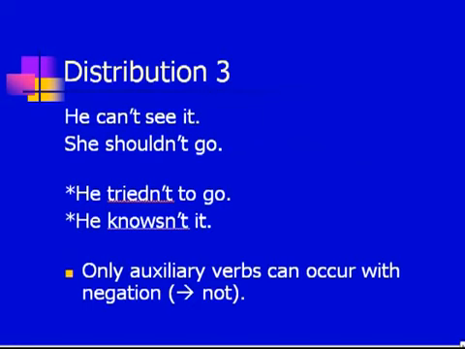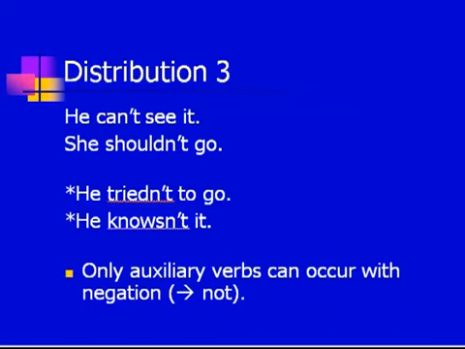A third property of auxiliaries is that they can occur with negation. And negation is basically making the sentence negative, so using not. And then it's usually contracted to n't. So you get, he can't see it, she shouldn't go. And again, if you try to do that with a main verb, it doesn't work.